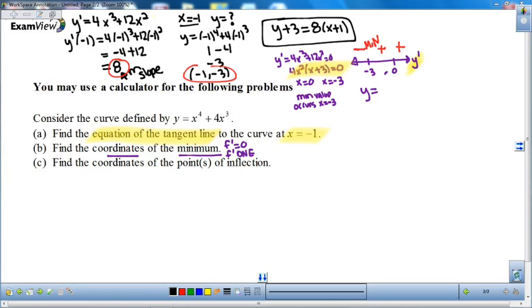I'm going to substitute -3 into my original equation to find my height, my y value. So this is going to give me -27. So the coordinate of my minimum is going to be -3, -27.